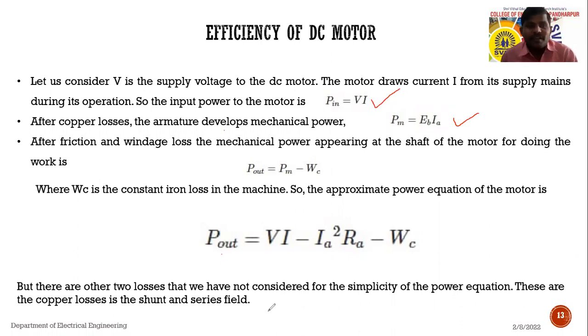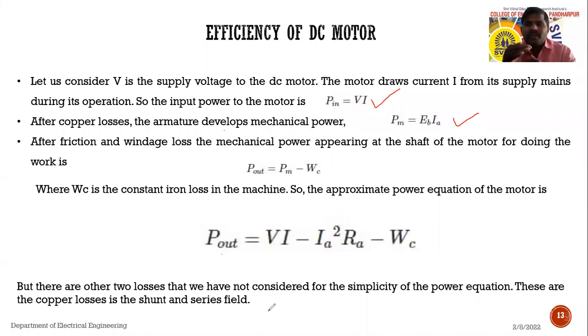And after the mechanical losses like friction and windage loss, we will get the actual output, or we will get the actual power output of the machine. So this power output will be obtained when these mechanical losses or the core losses are subtracted.